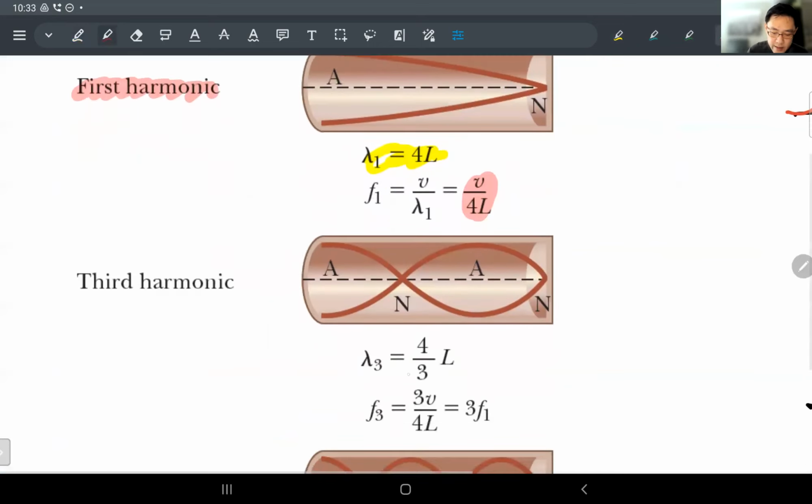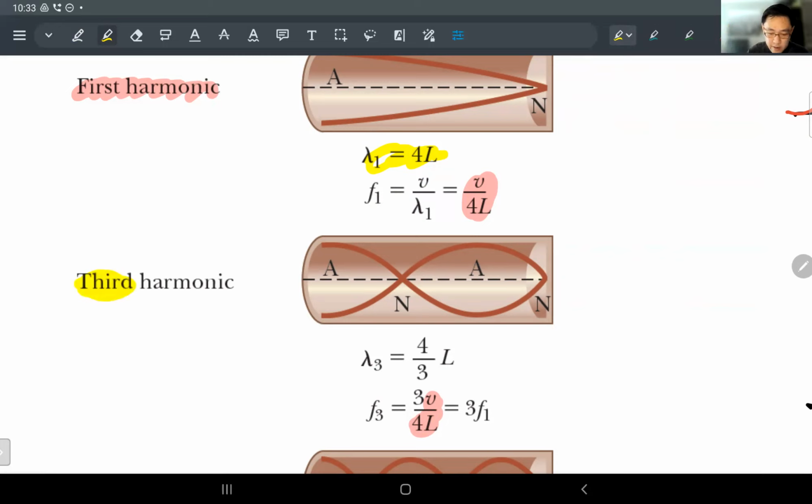We already figured out that the lambda is 3L/3. Now, if you figure out the frequency, it's going to be 3 times the fundamental. See it now? Okay. So that means this is triple the frequency of the fundamental frequency. So that's why we name this one the third harmonic, because it's triple, 3 times.